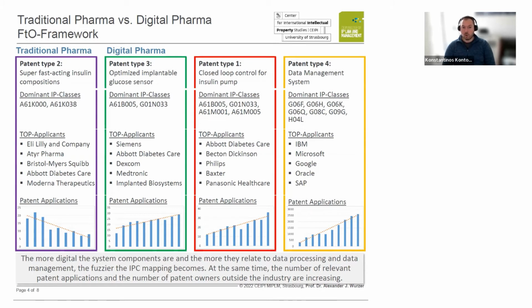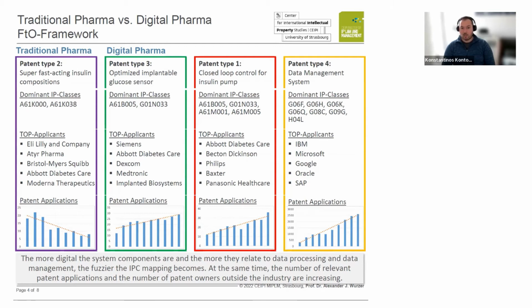Now we don't only have medical or dental technology, but we start to see some new codes, for example, sensor technology, and applicants like Siemens, Dexcom and Medtronic, which are companies more related to the electronic part of healthcare applications, come into play, and the number of applications now instead is increasing. Patent type 1.